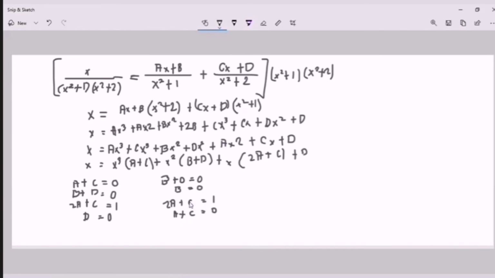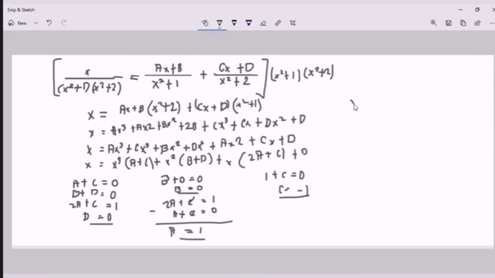So we could find the values for a and c using the elimination method. In here, let us eliminate c, and then 2a minus a, that would be a. So 1 minus 0 would be 1. So now we have our value for a. Let us substitute this value to the first equation, which is a plus c. So that would be 1 plus c equals 0. So move 1 to the right side using additive inverse property. We have c equals negative 1.